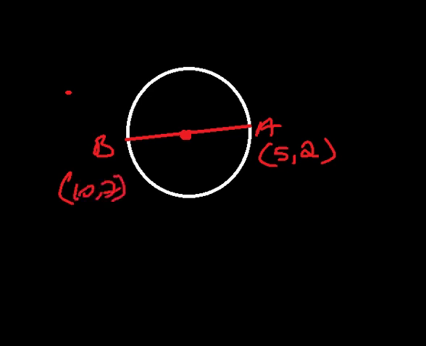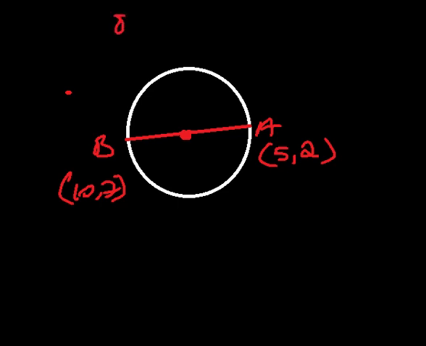So let's say this is the center of the circle, this is the point A and this is the point B, with coordinates (5, 2) and, let's say, (10, 7). Now if we have the endpoints of the diameter, what is the equation of the circle?